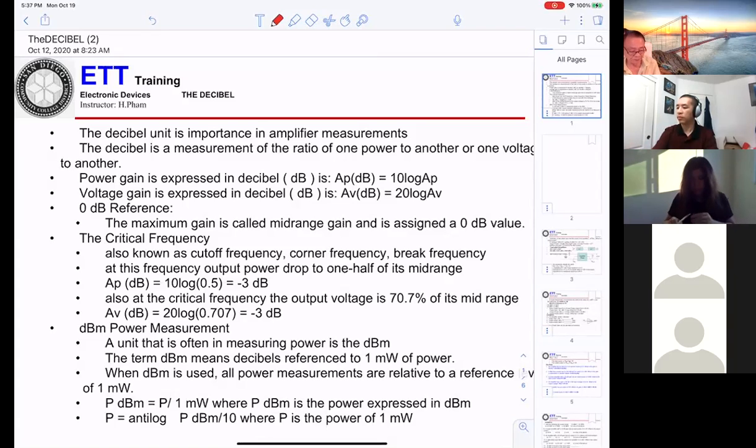Okay, so let's try to get through the differential amplifier and the op amp, the operational amplifier. Before we can do it, we have to understand the decibel.